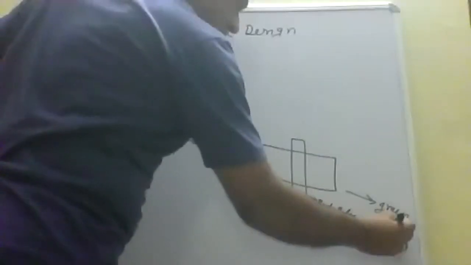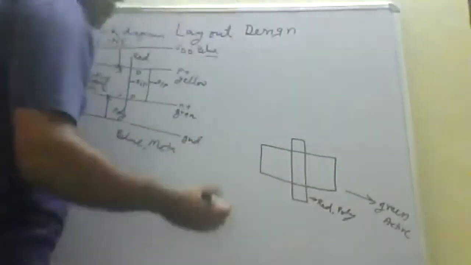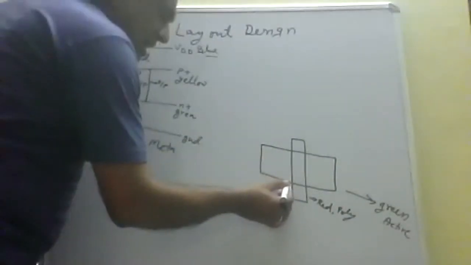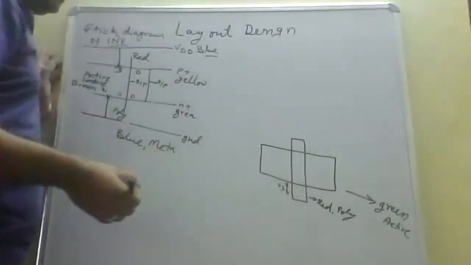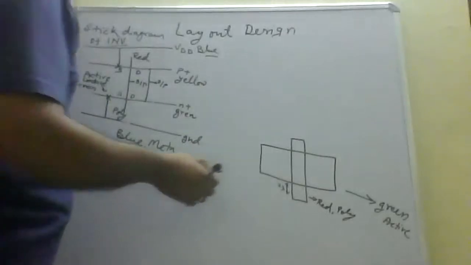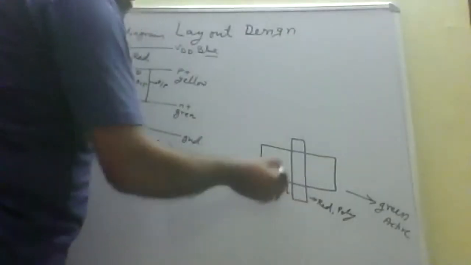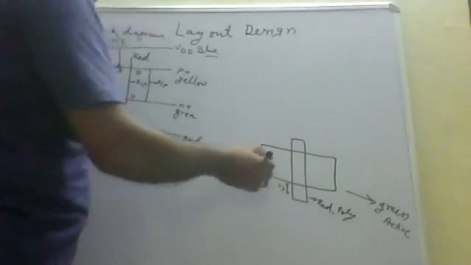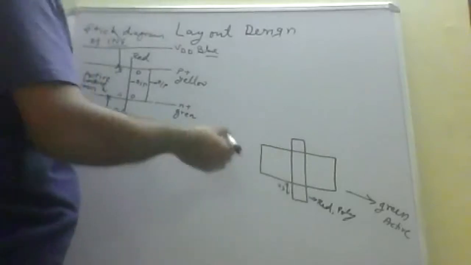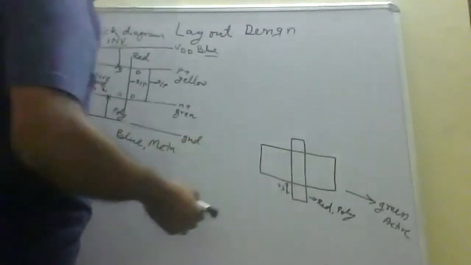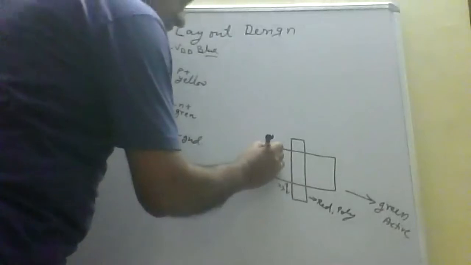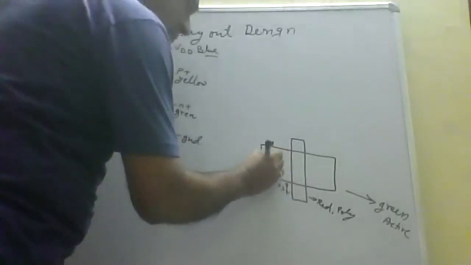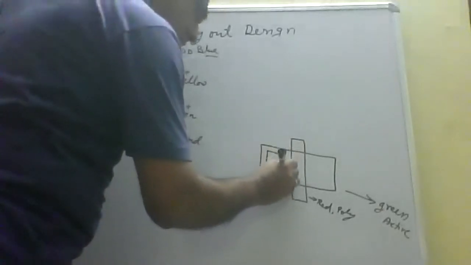This is active, which is green. Now here, the length is 2 lambda. What is lambda? We will discuss that after the class. 2 lambda will be the overlap here. This is basically the channel length. 2 lambda is the channel length, L. Inside of this, we draw a metal.